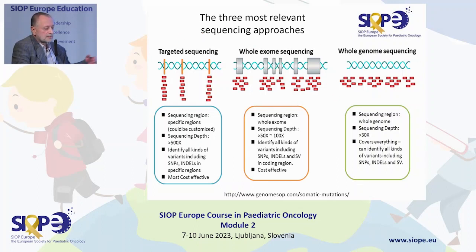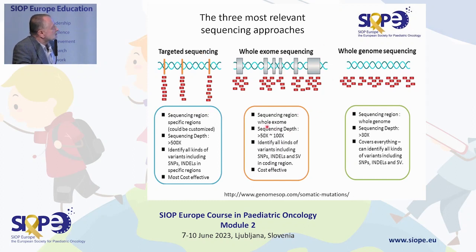They have different applications, different advantages, different disadvantages. Targeted sequencing was very much in favor before whole genome sequencing and whole exome sequencing became cheap. You get a sequencing depth of 500, and it includes all the abnormalities which you find in the genes which are in the target panel.